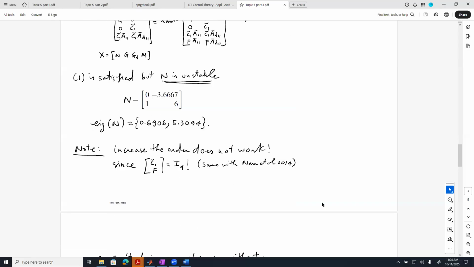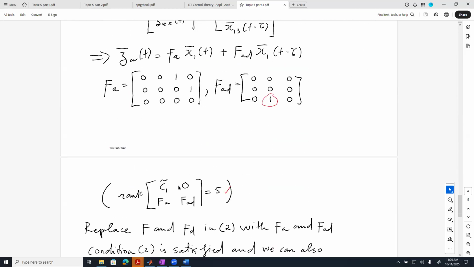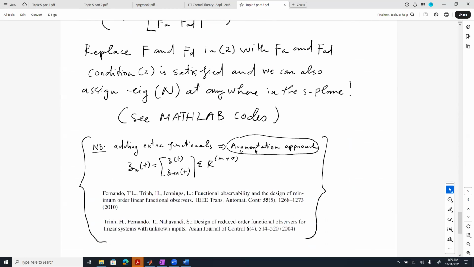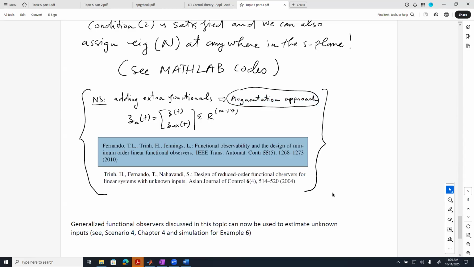You know that in the literature there is an option, and that option is to insert an additional row, or an additional function, to increase the order of the observer. That approach is called the augmentation approach. It was first introduced in this reference, where we look at functional observability and the desire for minimum order functional observers.